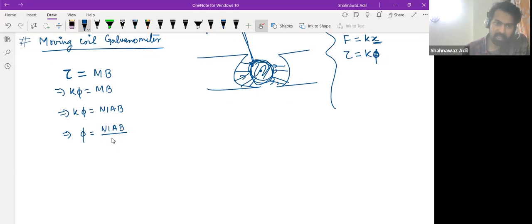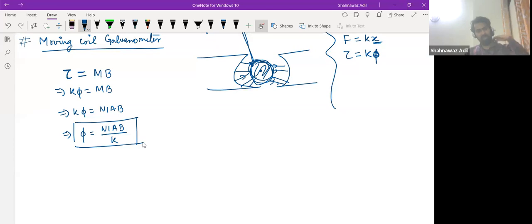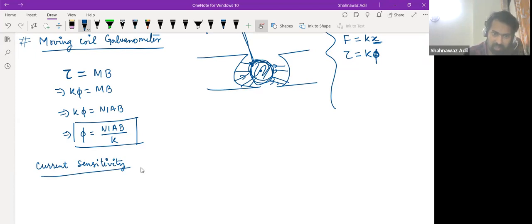This was the idea of the moving coil galvanometer, right? And then we calculated two things from it. One thing that we calculated was the current sensitivity. So we calculated the current sensitivity when we take this I on the left hand side.